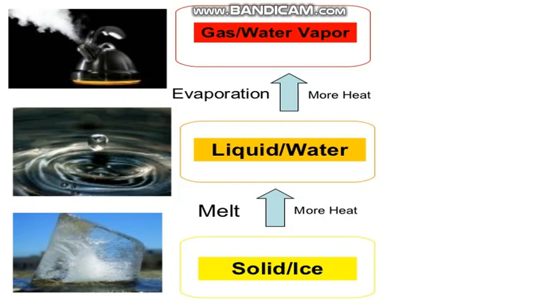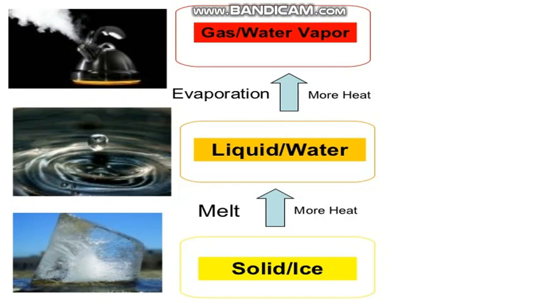When you heat anything, you increase the temperature. When you cool anything, it means you decrease the temperature. So by increasing or decreasing the temperature, these states of matter can change. They can change their form.